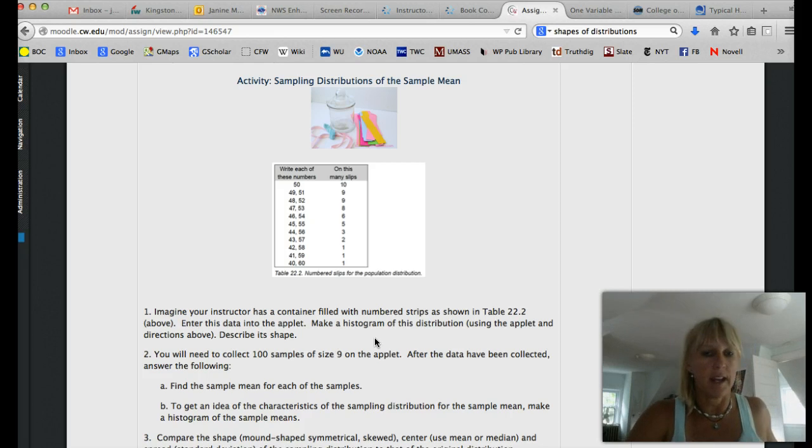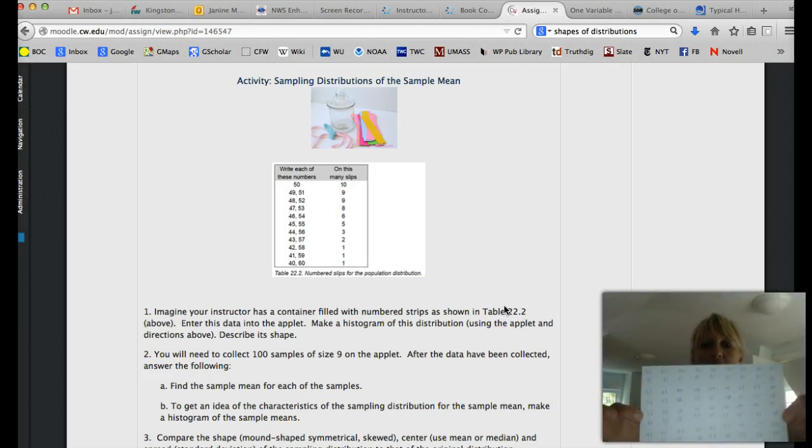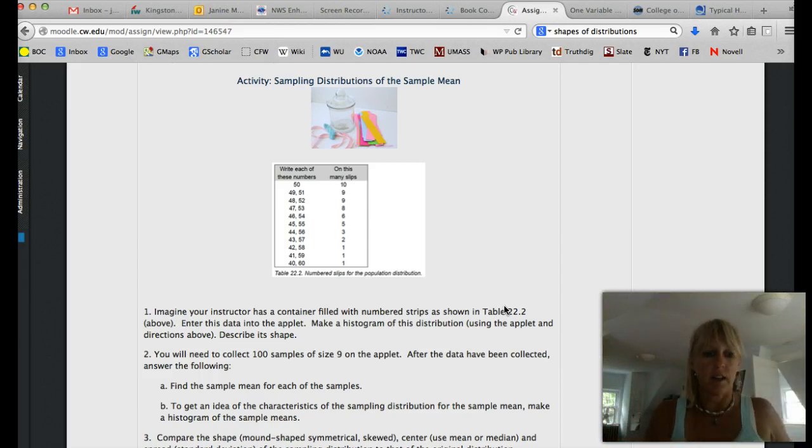Now I went ahead and wrote all of these numbers down on a piece of paper, because you had to write the number 50 10 times, the number 51 9 times, the number 49 9 times, 48 and 52 each 9 times, 47 and 53 you had to do 8 times, etc. So I wrote the numbers down on a piece of paper like this, so you can have an idea of what this activity is all about.